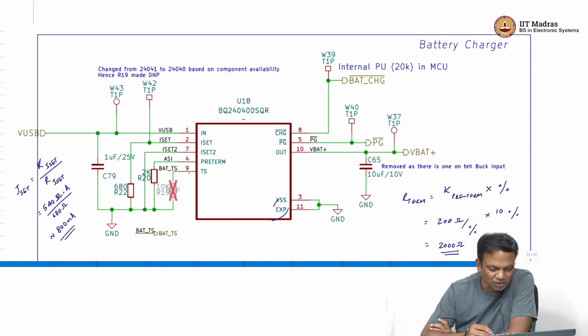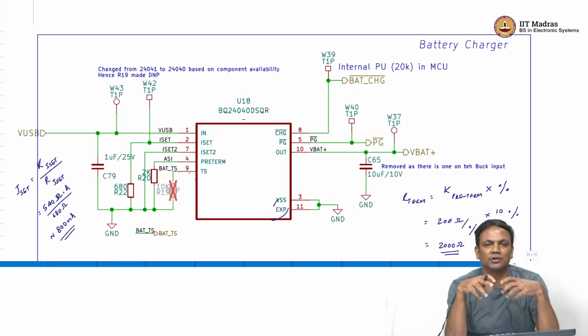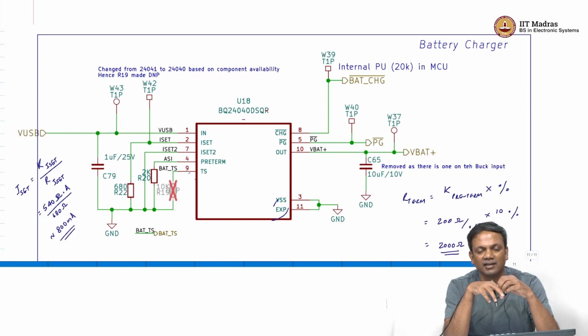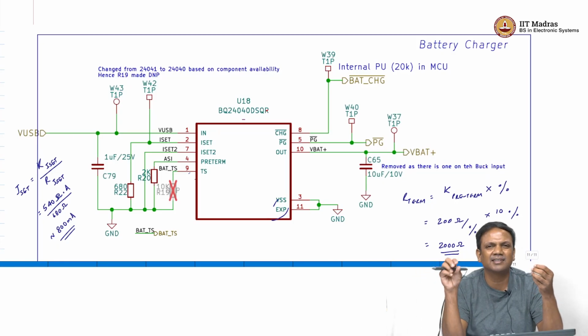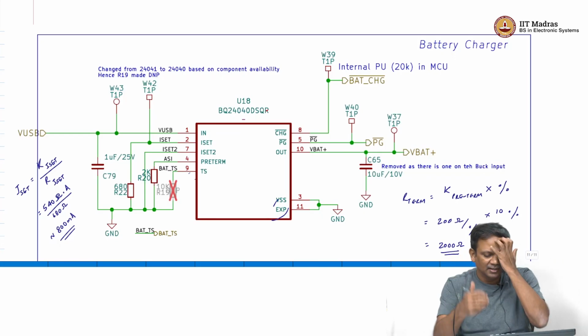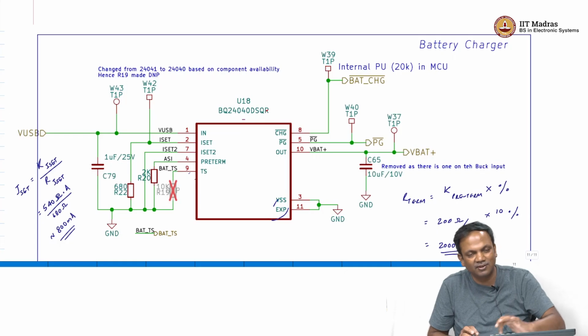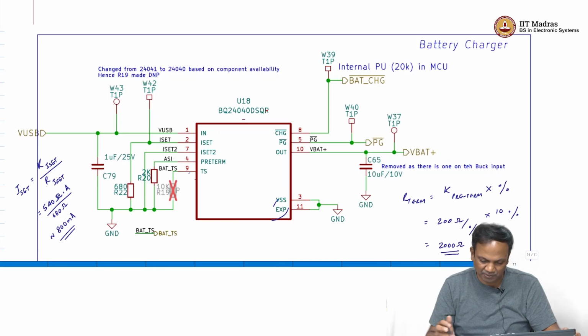This cross mark in red means do not populate, but the schematic has that flexibility. The layout will also have that slot for dropping the resistor if needed at a later point. It is possible that you get one batch of batteries that come without the third wire. In those cases, you would manufacture the PCBs so that the 10K resistor gets populated. Otherwise, the TS function is driven by the third lead from the battery and this 10K does not come into the picture.